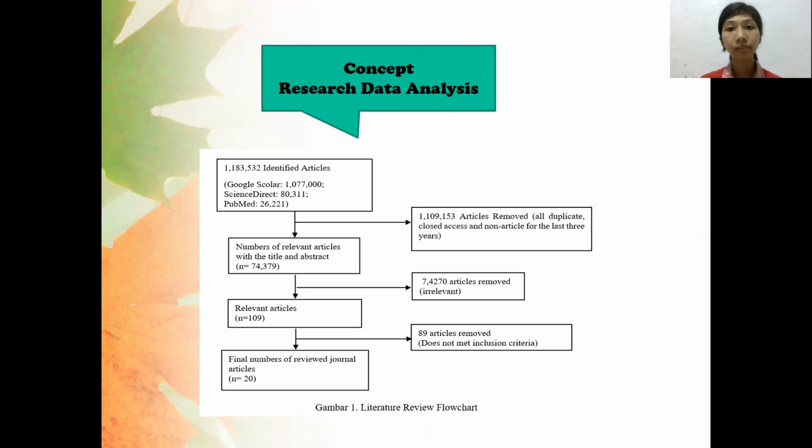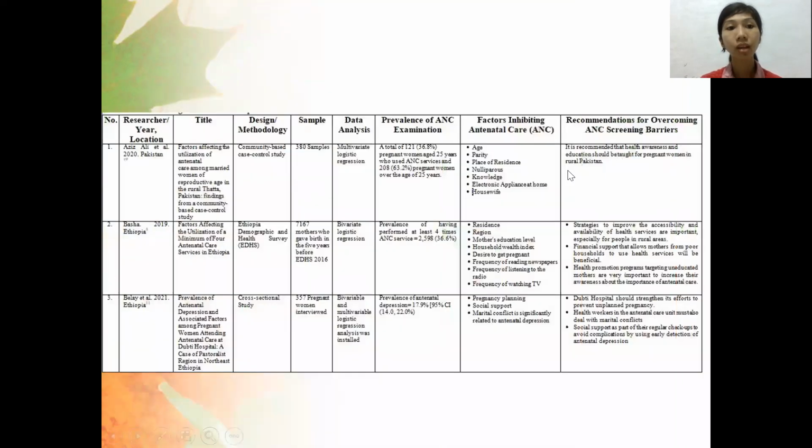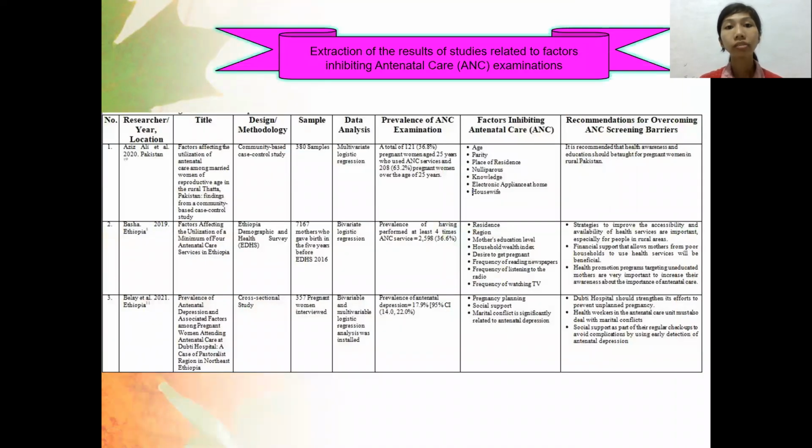Please see that. And then this is extraction of the result of studies related to factors inhibiting antenatal care ANC examination.